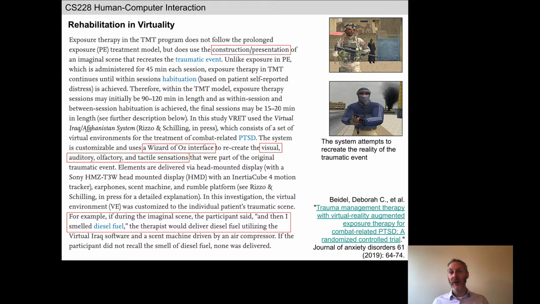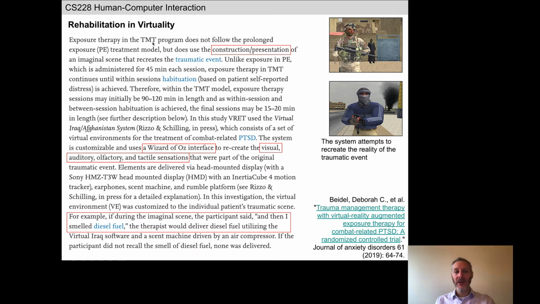What is exposure therapy? We take a patient who is suffering from, in this case, PTSD or some form of anxiety, and we expose them to aspects of the stimuli that present or trigger that anxiety, and gradually expose them to more and more of that stimuli with the hope that they will habituate or acclimate to that stimulation. Okay.